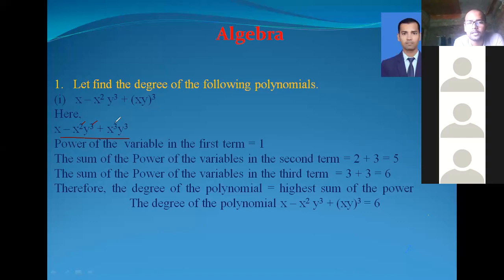So 3 plus 3 is equal to 6 as the sum of the powers of the variables.